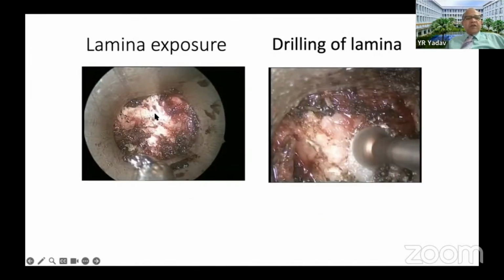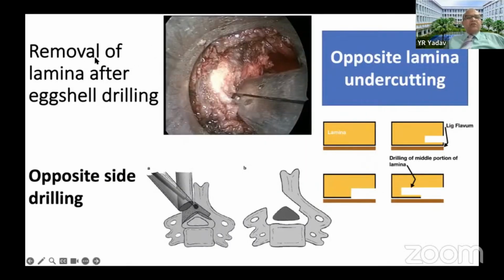This is exposure of the lamina. Medial, lateral, the lamina is exposed cranially and caudally, you should know, and then you drill the lamina using a high-speed drill until you find an eggshell, only a small little lamina adjacent to the cord. So drilling should be done, and then you leave a little bit of posterior lamina and remove that lamina with a fine Kerrison punch.